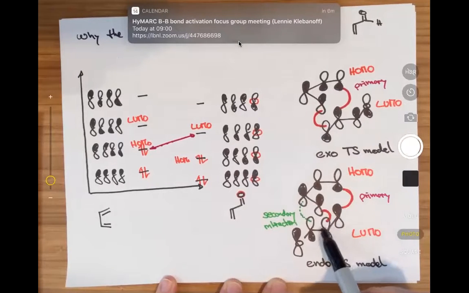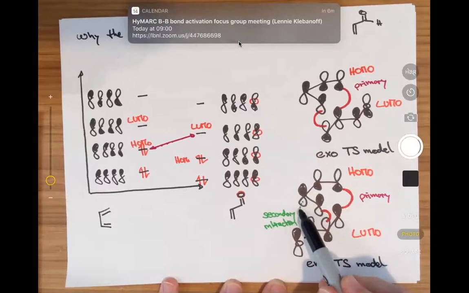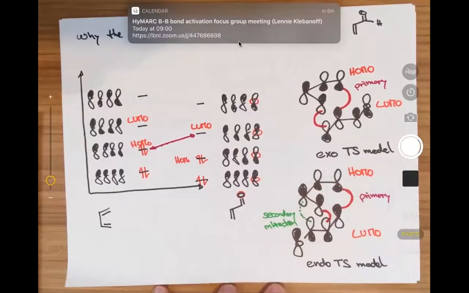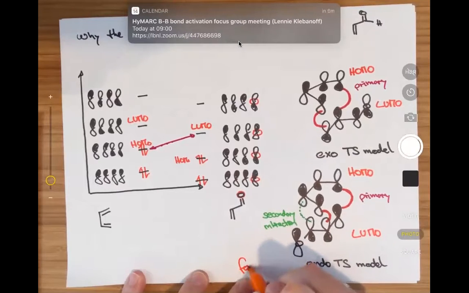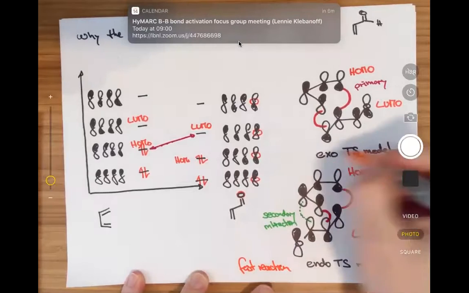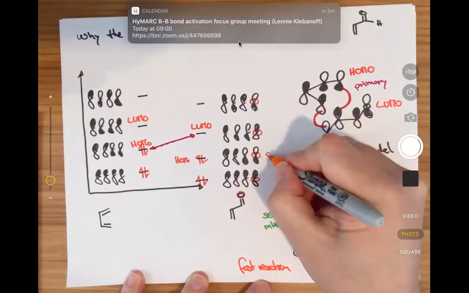If you tuck this underneath it, you can benefit from this additional interaction, and this overall lowers your activation barrier and makes this reaction faster through this endo transition state than through this exo transition state. So bottom line is, the endo transition state is a fast reaction, and through the exo transition state, it's a slow reaction.